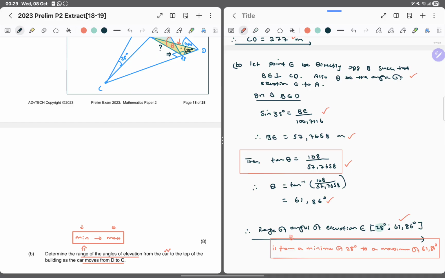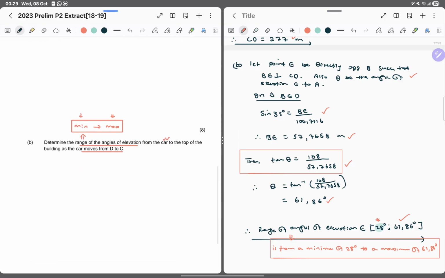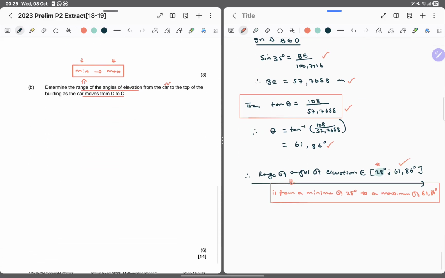The other mark could easily be directed at the minimum because we know the maximum. We've already scored a mark, so it's coming up nicely. All right, guys, this could have been a very nice and tasty 14 marks for students who really sit down and look at their work with enthusiasm.